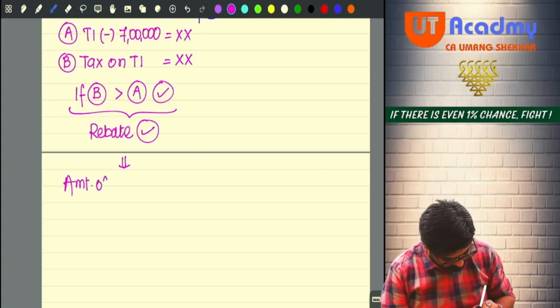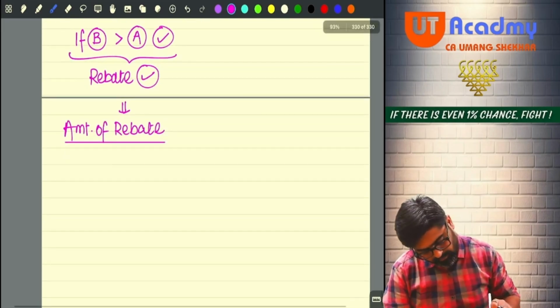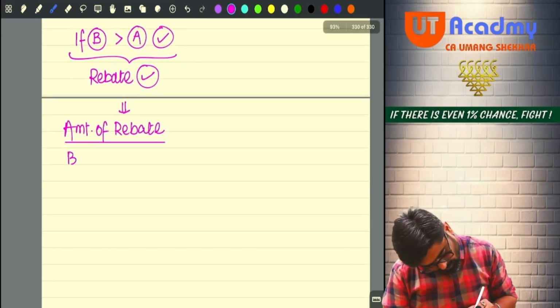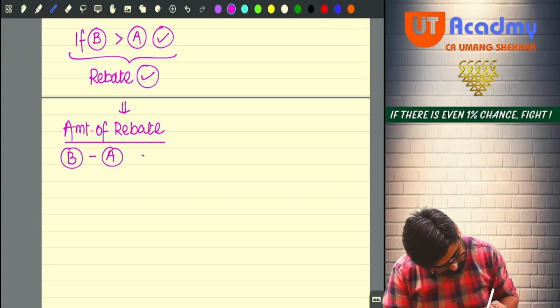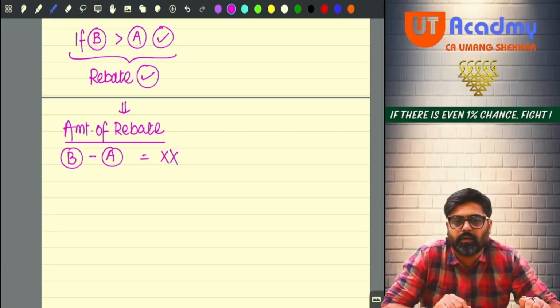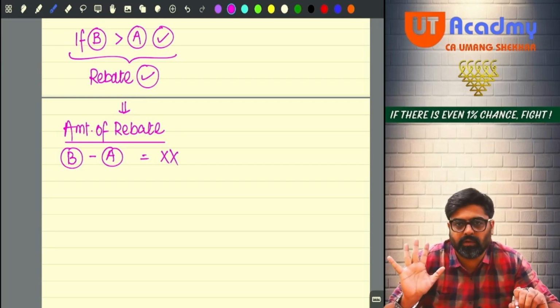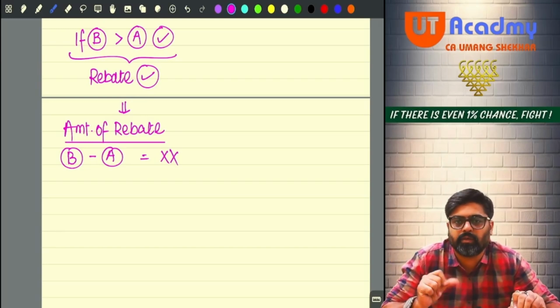The amount of rebate in this case will be B minus A. What was your B? 20,500. What was your A? 5,000. B minus A. Reduce 5,000 from 20,500.